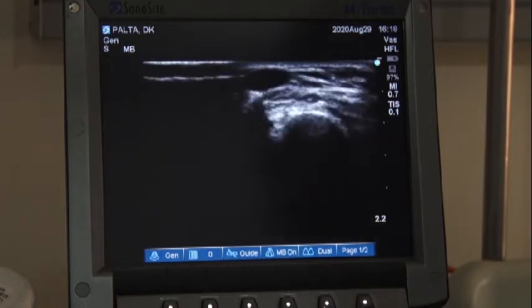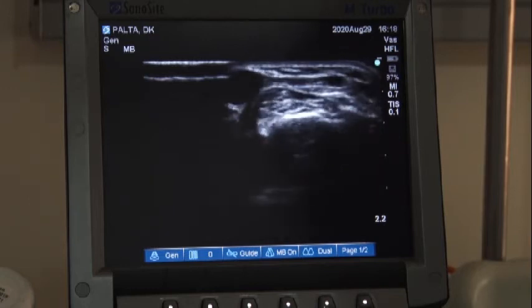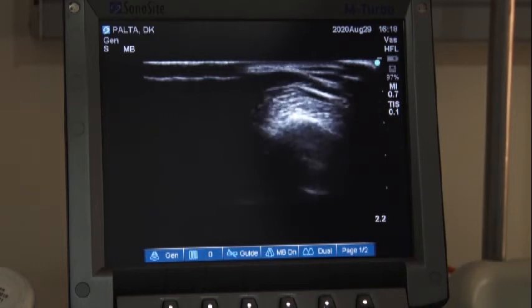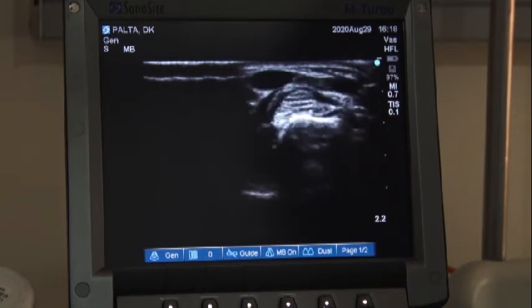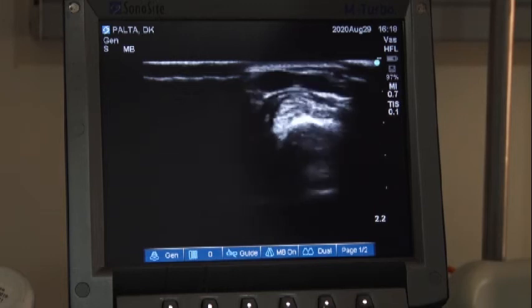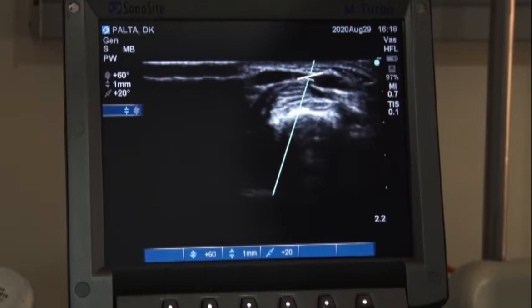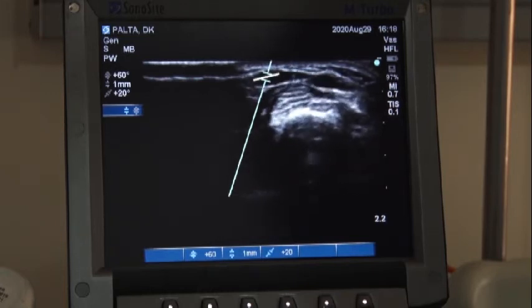Now we'll see this vein. One is this vein, one is the vein in the middle. Now I'll check this vein. The flow in this vein, we'll see.